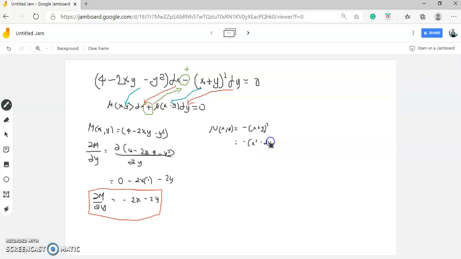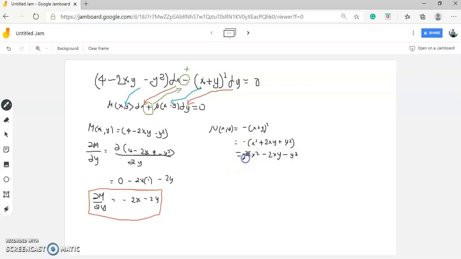So that makes 2xy, plus y squared. So you have negative x squared minus 2xy minus y squared.